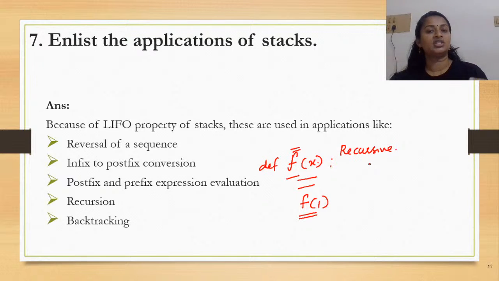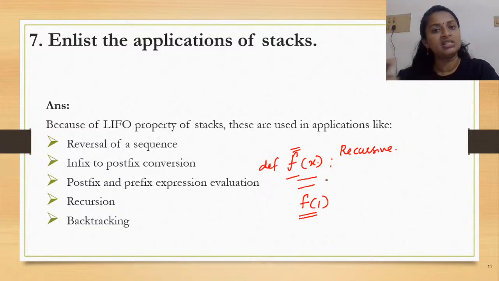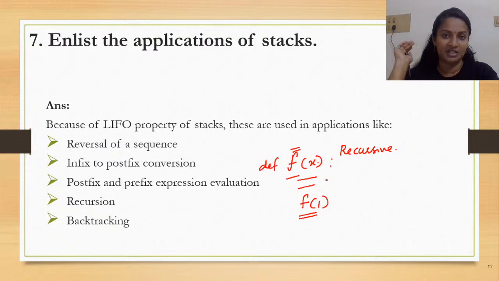Why? Because the function is called within itself. Now, here this becomes a repetitive call, right? We know that whenever there is a function call, there is a jump from the point of call to the point of definition. After the function has been completed, the control has to come back also. So every time after a complete execution, it has to trace back.